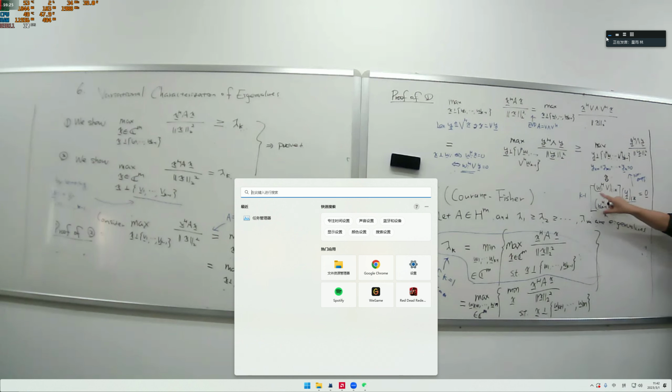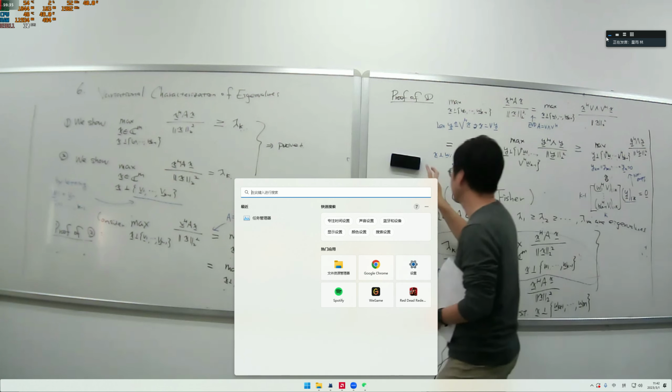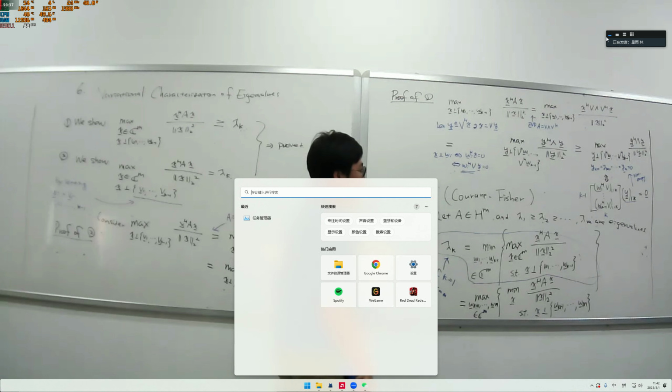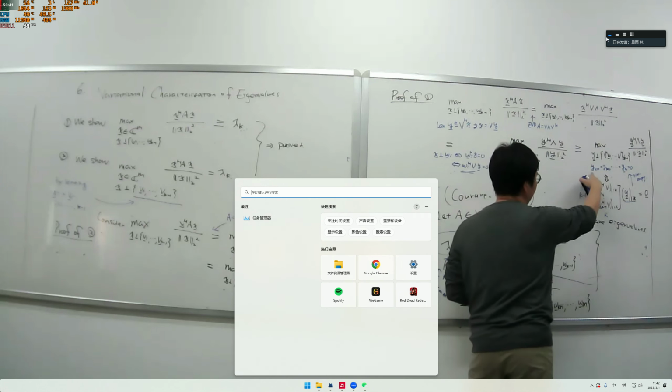Because this is a fat matrix and y is in its null space, it is feasible. So it is valid to add that additional constraint.